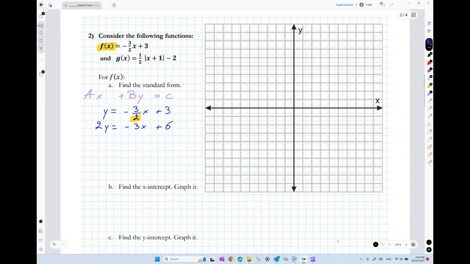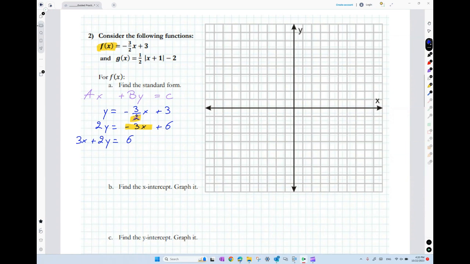This multiplication by 2 eliminates the fraction here. And then I'm going to cross over this negative 3x, which becomes positive 3x plus 2y equals positive 6. And that's it. That's all there is to it.